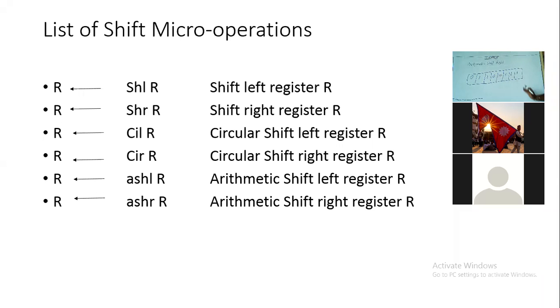Suppose this is our number, which is an 8-bit number, and the positions are numbered 0, 1, 2, 3, 4, 5, 6, and 7. Listen carefully and remember one thing: bit number 7 is called the most significant bit, and bit position number 0 is called the least significant bit.